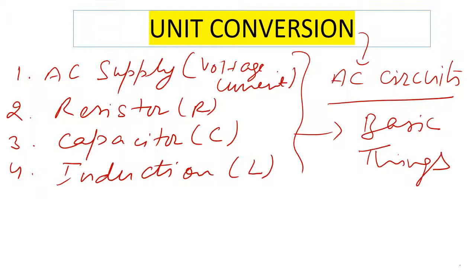So here I am going to discuss one by one the SI units. If the SI unit is not given, how do we change the units to SI units, and what are the common units we use for the AC supply, the resistor, the capacitor, and the inductor?